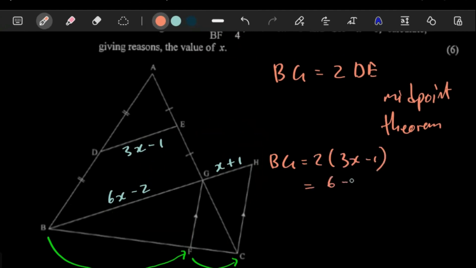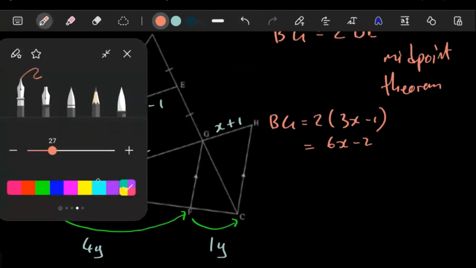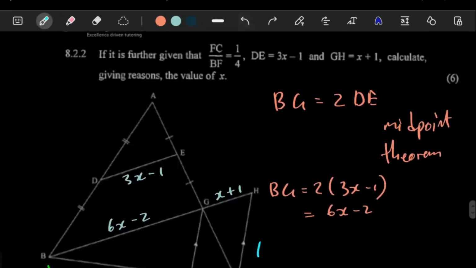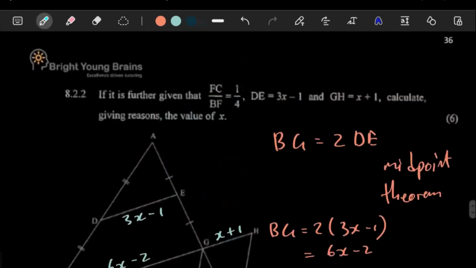This is going to be 6x minus 2. So that's how we have this there. And then from there, now we can say that FC over BF here.